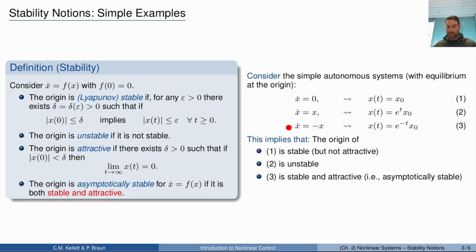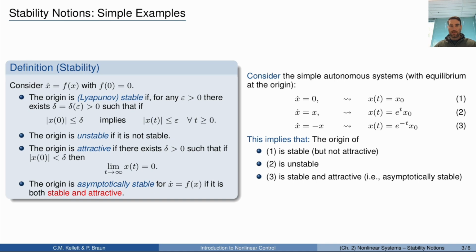And then the last example, x dot is equal to minus x, providing the solution x of t equal to e to the power minus t times x0. Here we see that for t going to infinity, this is decreasing to 0, which means we have attractivity, and this additionally is always less in absolute value or equal to x0, giving us also stability, and we obtain asymptotic stability.